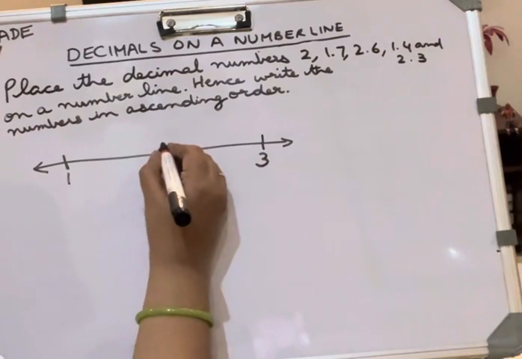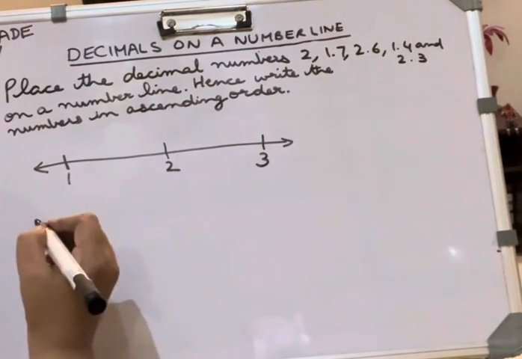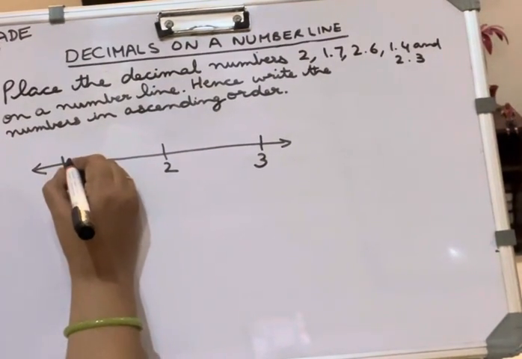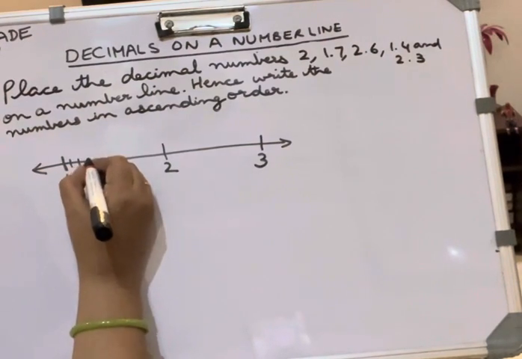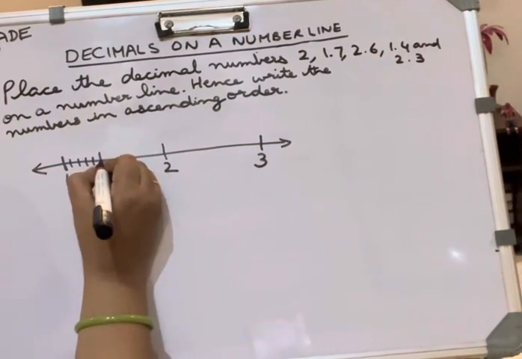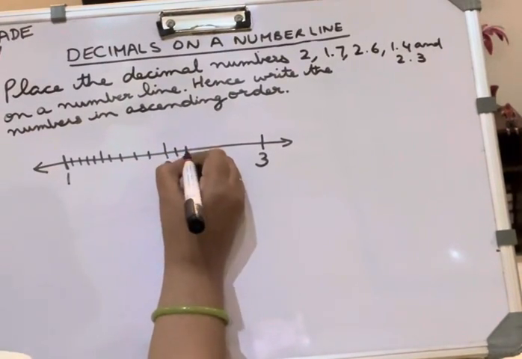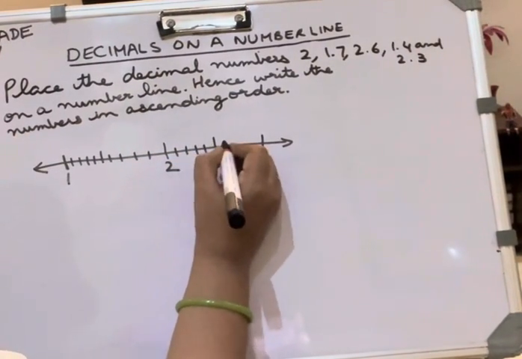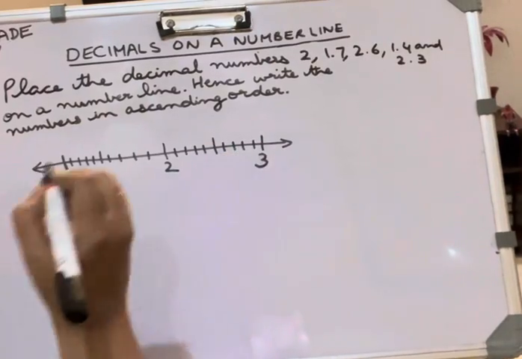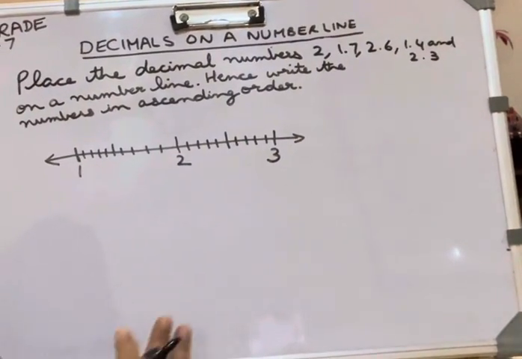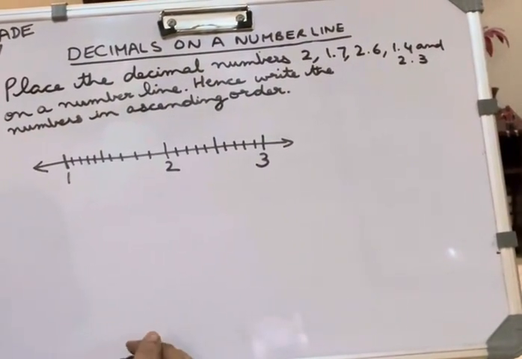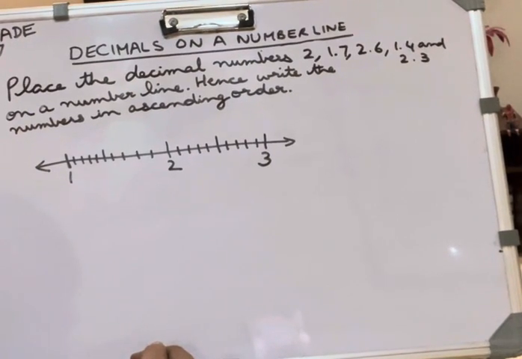In between we have 2. Now let us divide it equally, 1 into 10 parts. Please note this is just a rough sketch, not drawn to scale.